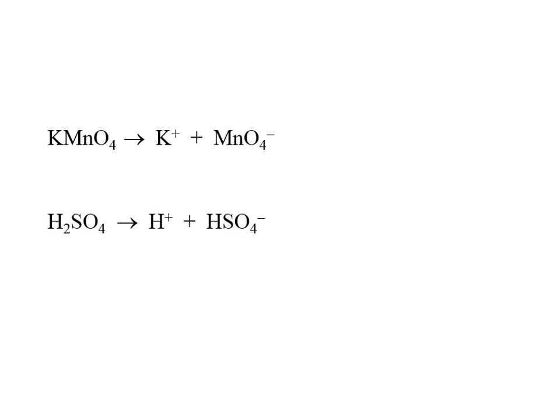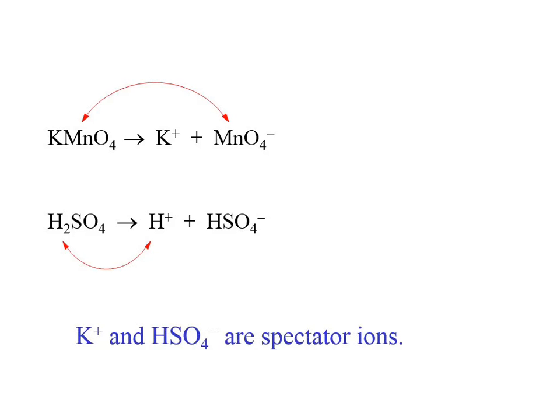Your sulfuric acid that was in with your oxalic acid breaks apart, one hydrogen kicks off, and it gives you H plus and HSO4 minus. So when that chemical reaction does its thing, the only thing we care about in the KMnO4 is the MnO4. The only thing we care about in the H2SO4 is the H.